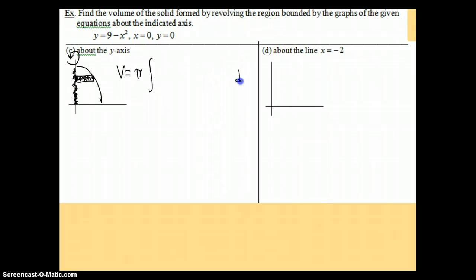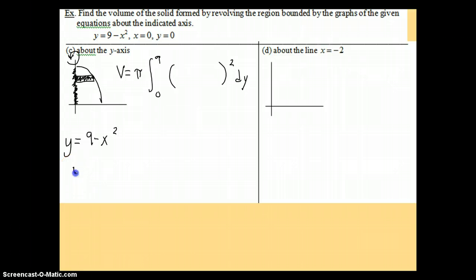I'm in terms of y. So I need to figure out what the function of y is. So we go from 0 to 9 in this case, y values. And we need right minus left. I cannot write 9 minus x squared because I need a function of y in here. So I'm going to have to solve this for x equals.